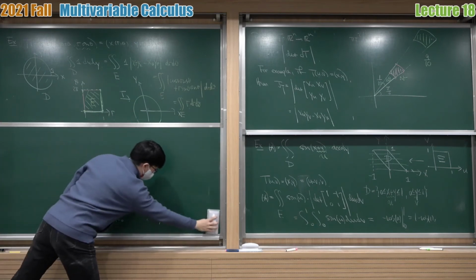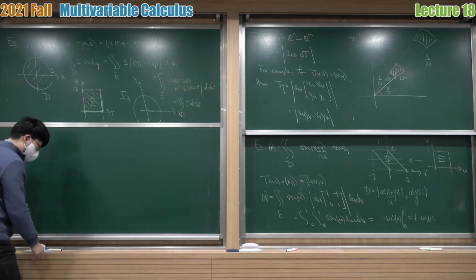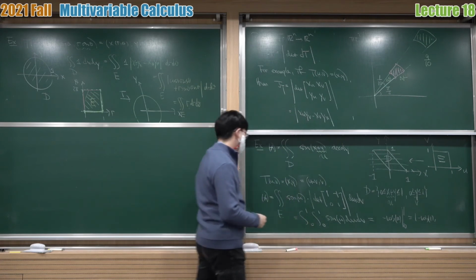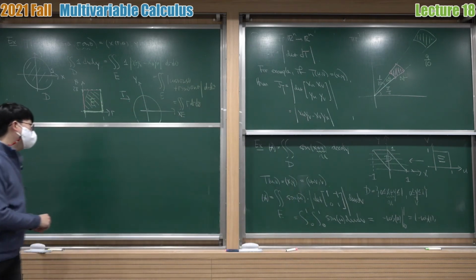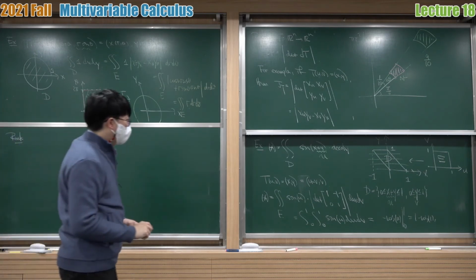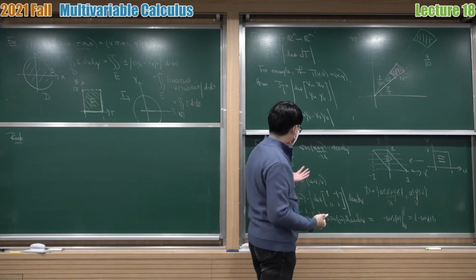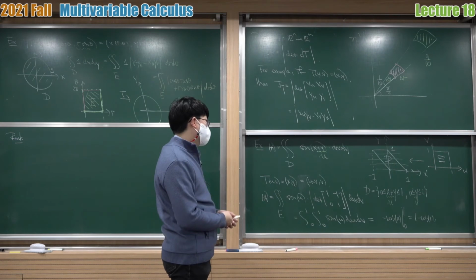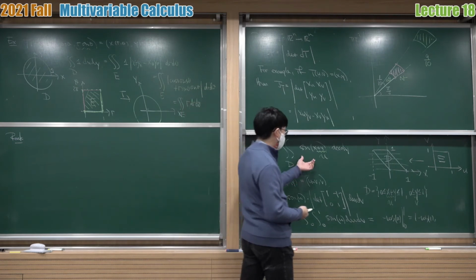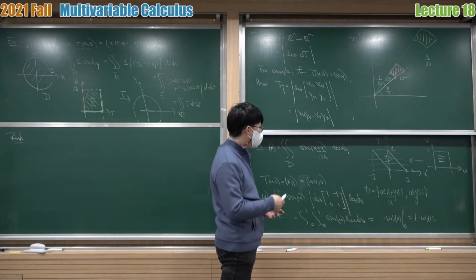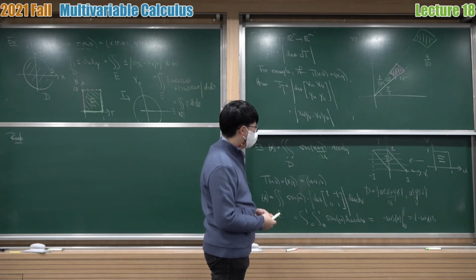Let me make a few remarks here. Usually we are given a function which cannot be integrated directly. So we have to make an integration by substitution to make it into integrable form.